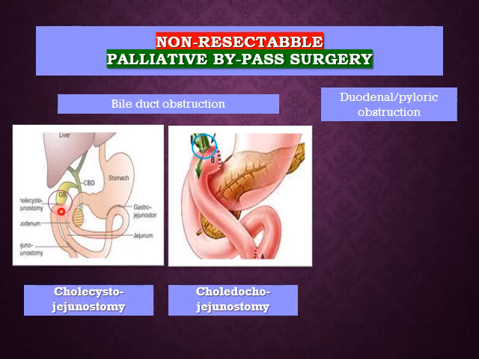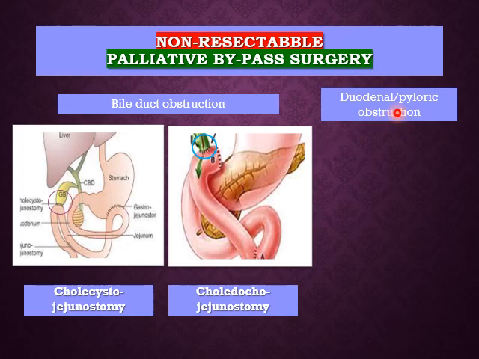Here you attach the gallbladder to a loop of jejunum in cholecystojejunostomy, and in choledochojejunostomy, the bile duct is connected to your loop of jejunum. Okay, thereby bypassing the bile duct.